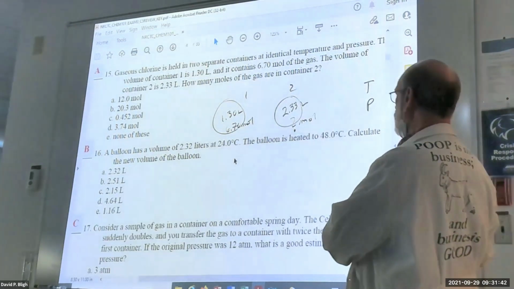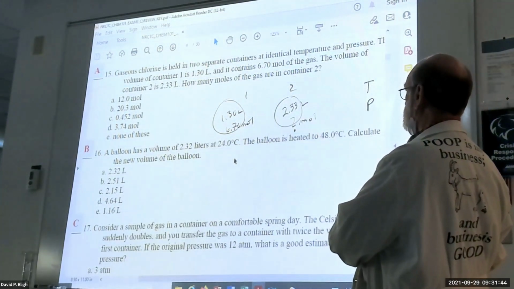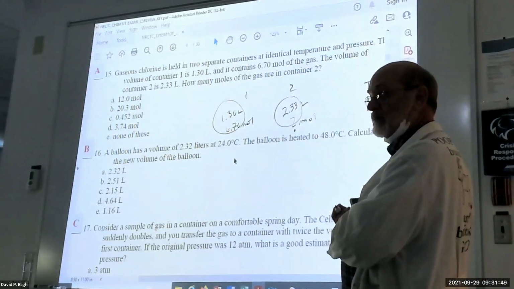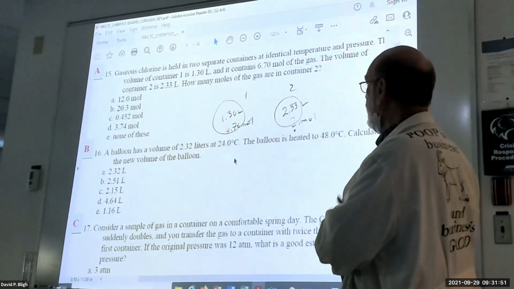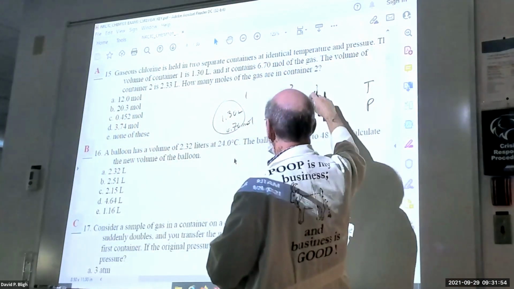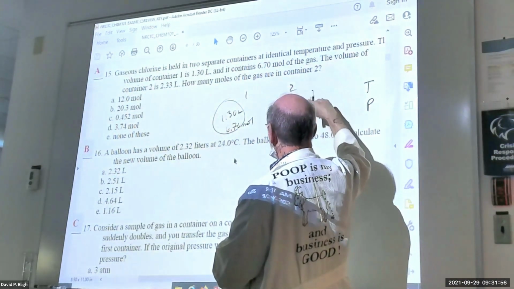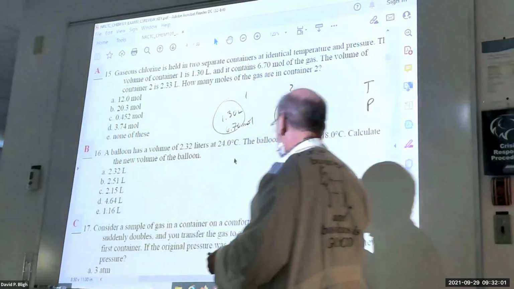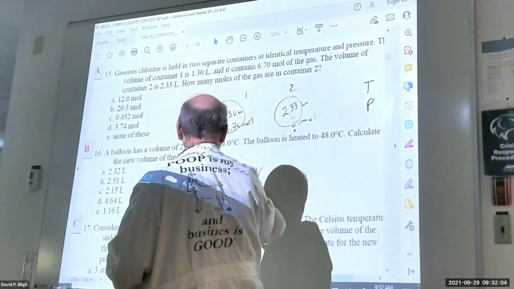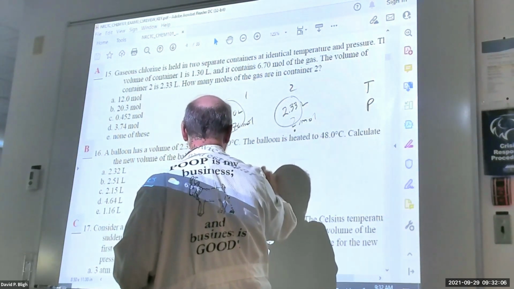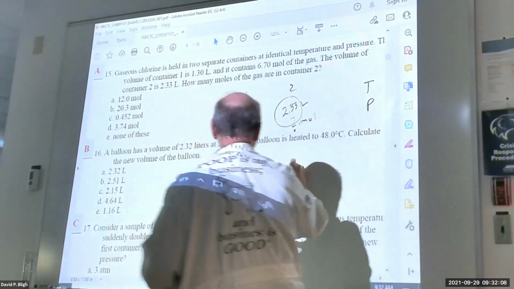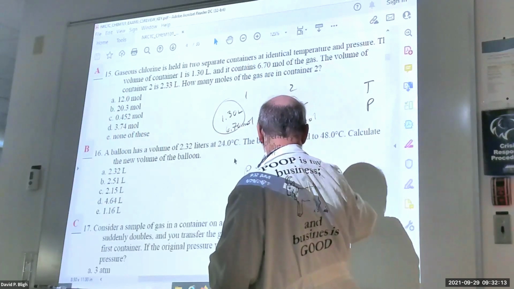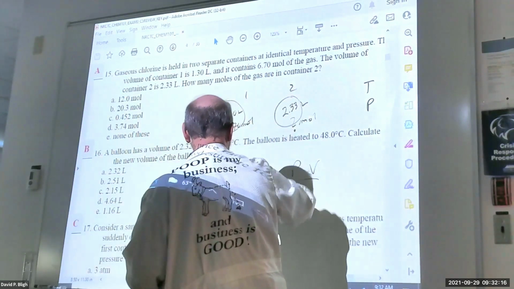Okay, what are we looking at here? We're looking at a before and after, sort of. We're comparing 2 gases in terms of their moles and volume, which means Avogadro, correct? And one other way you can look at it is PV over NT, initial, equals PV over NT, final, where T is temperature.